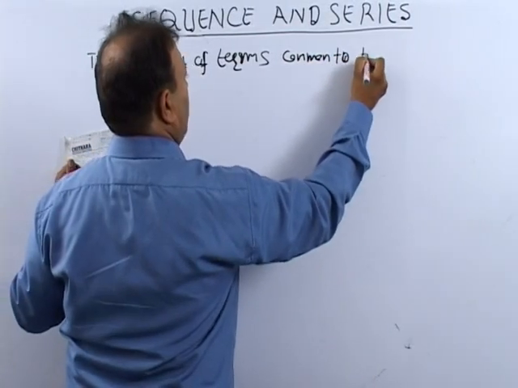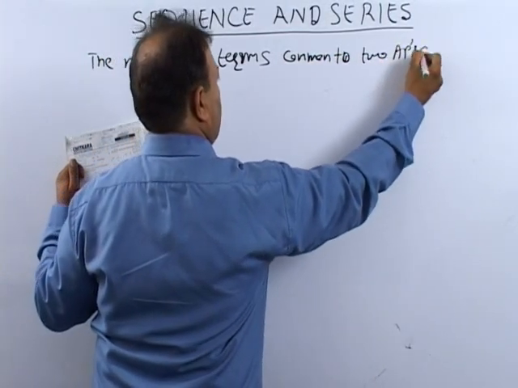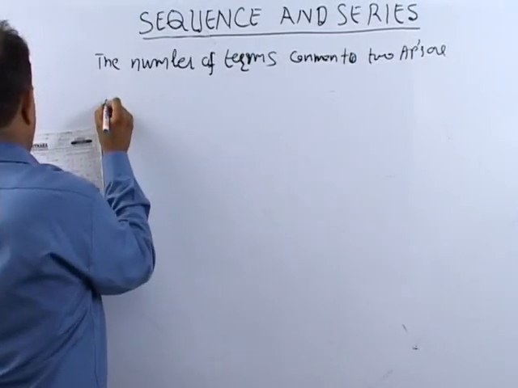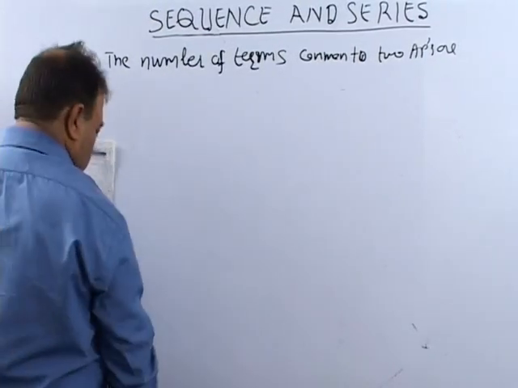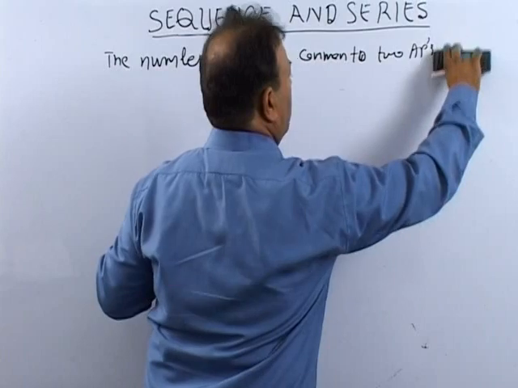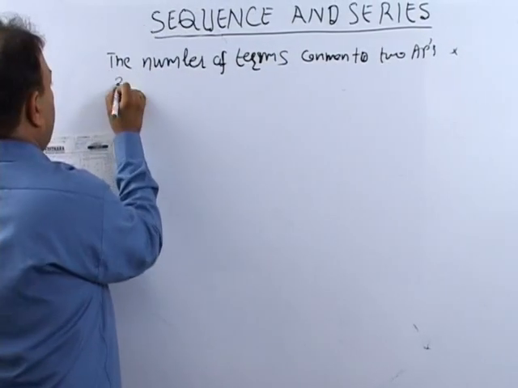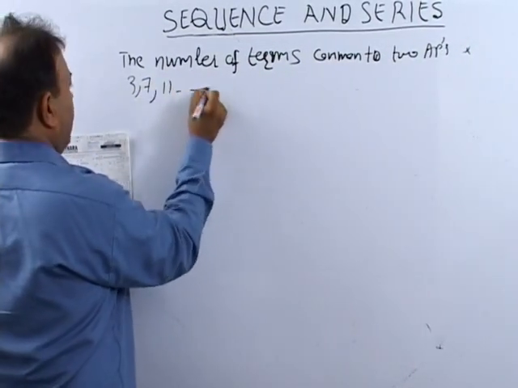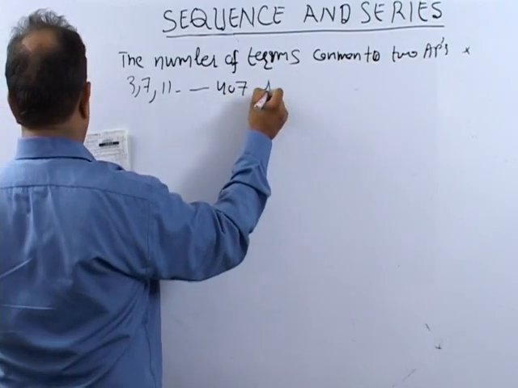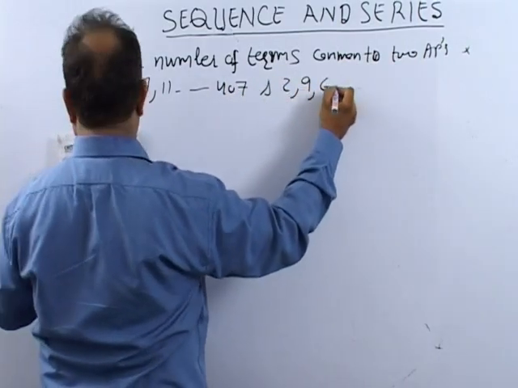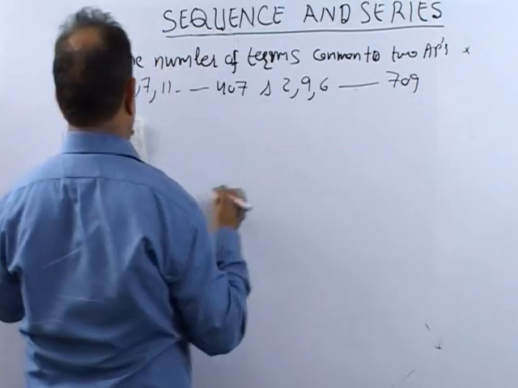Two APs are given: 3, 7, 11, going up to 407, and 2, 9, 16, going up to 709.